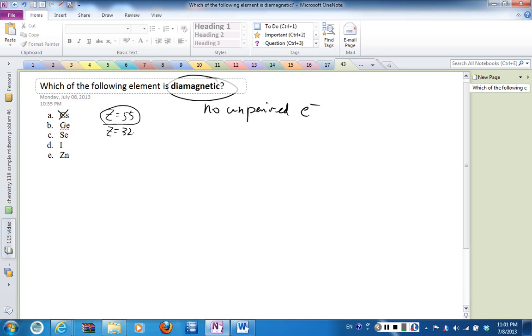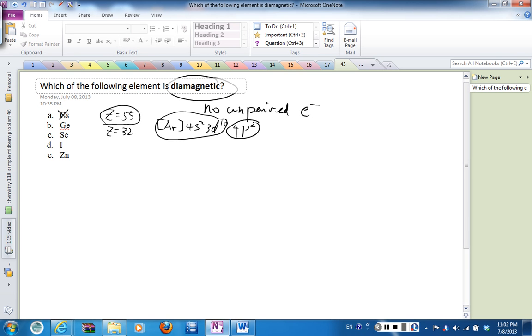Let's write out the electron configuration of germanium. The last noble gas element before germanium is argon, and that's 18 electrons. So after that is 4s2, 3d10, that's 30 electrons, and you got 2 more left, so we'll put them on 4p2. All of these orbitals are completely filled, so all electrons are paired up.